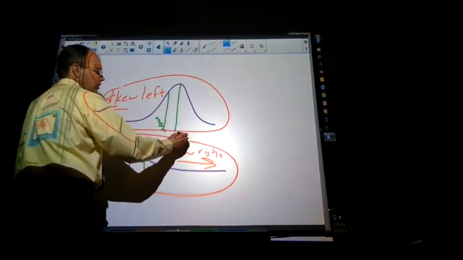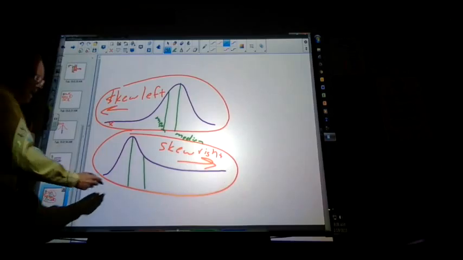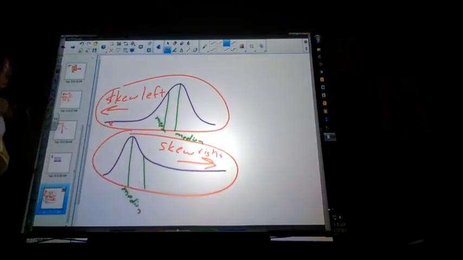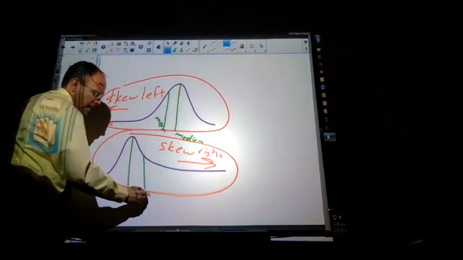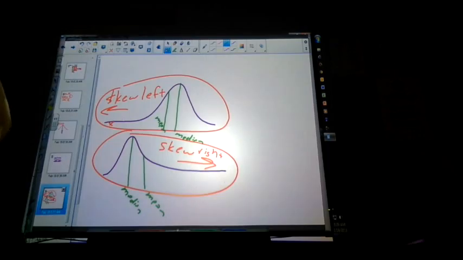The median is going to stay planted. If it's skew right, the median stays planted with half the data on one side and half on the other. The mean is pulled in that direction. We already talked about bimodal. That means if you have two modes, most occurring numbers, trimodal would be three same occurring numbers.